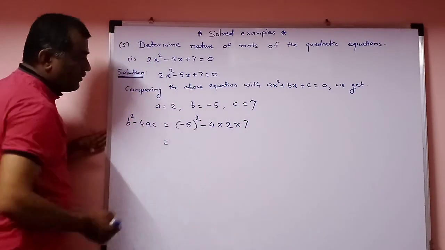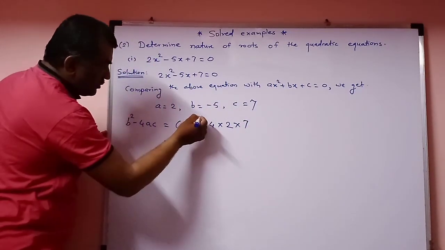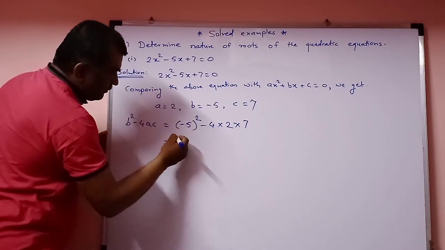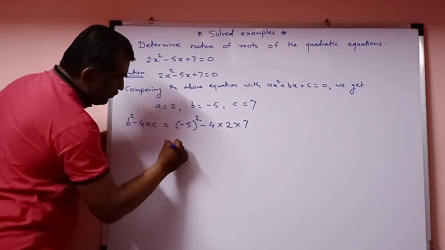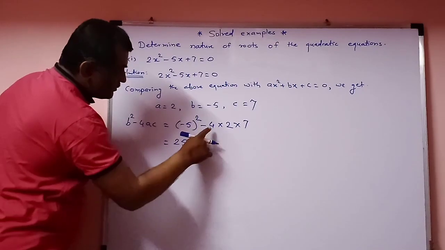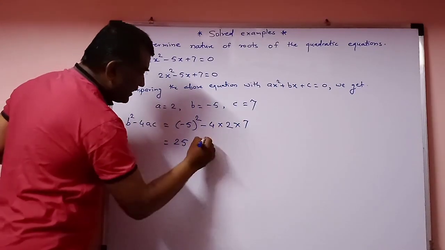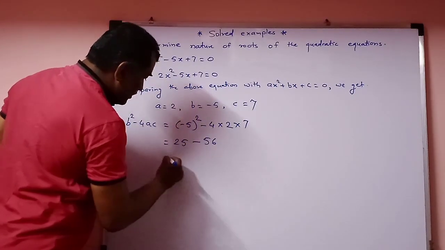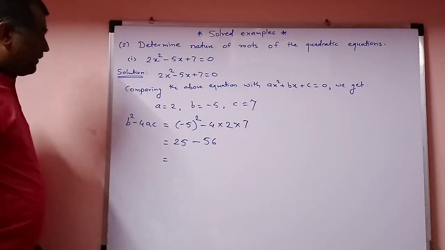The square of a negative number is positive. Square of 5 is equal to 25 minus 4 2s are 8, 8 7s are 56. 25 minus 56.